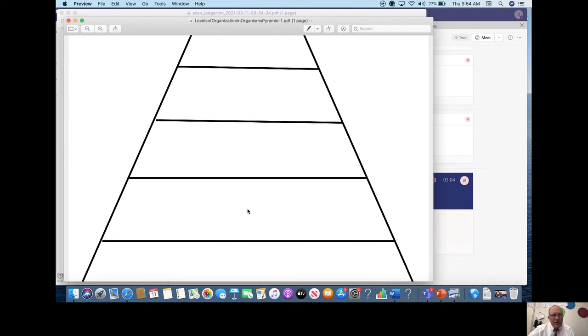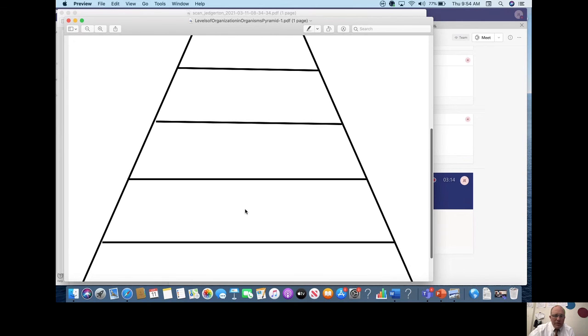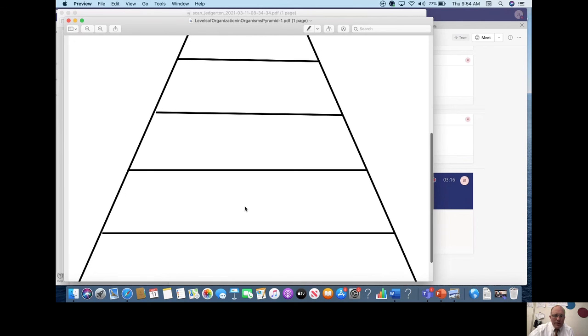Organs would be like your kidneys or your heart or your liver. These are all different forms of organs.